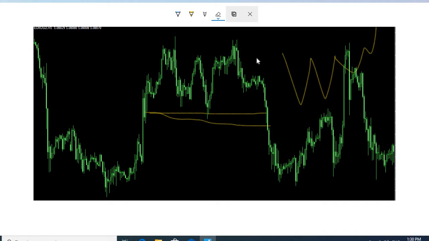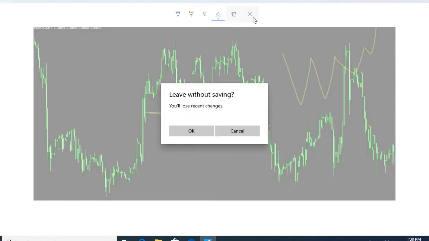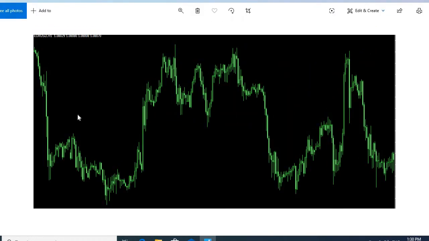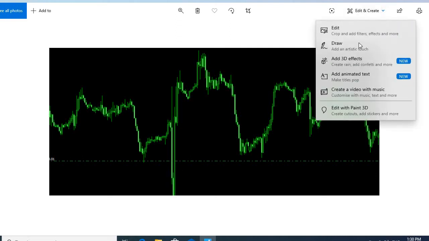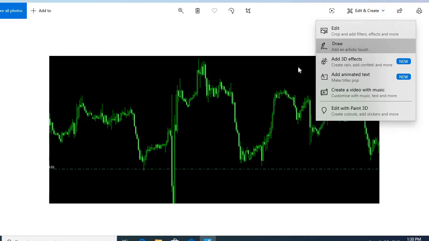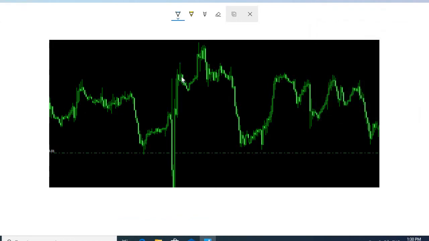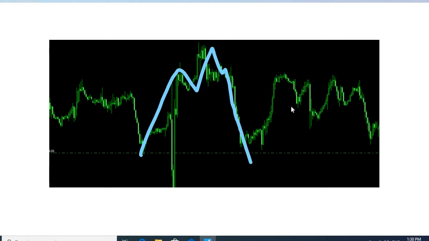Now the other pattern that shows the beginning of a new trend is head and shoulders and inverted head and shoulders. Whenever you're going to see an uptrend ending and a new trend starting, you are more likely to see head and shoulders. It will come up, then form a head and shoulder, then go down.